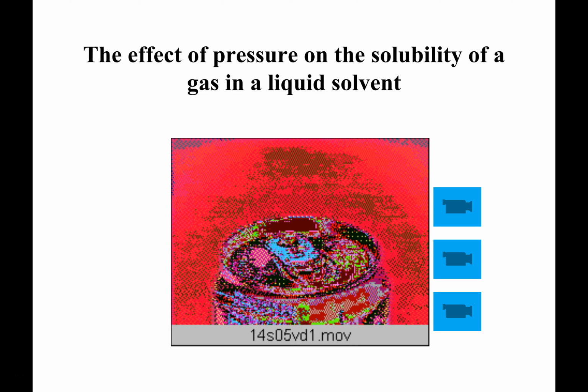Now what Henry's Law says in a nutshell, and we'll quantitate it, is that if it's nice and pressurized without opening it, the amount of gas particles I can have dissolved is a function of the pressure of gas I have above the liquid.